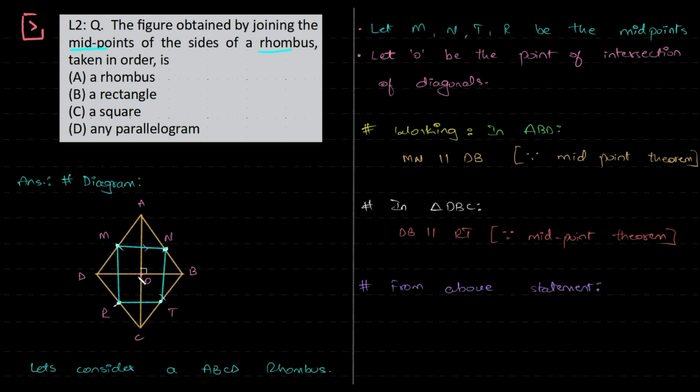We have MN being parallel to DB, DB being parallel to RT. So we can conclude that yes, MN is parallel to RT. Lines parallel to a common line are parallel to each other.